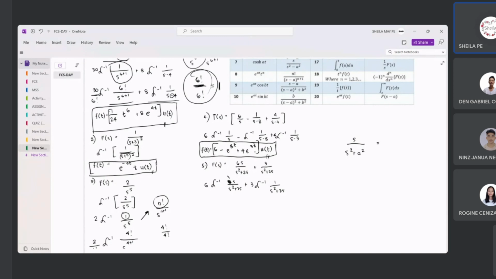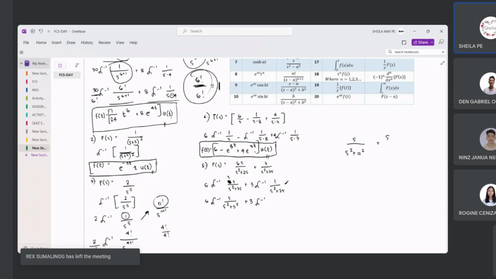So we have s over s squared plus 5 squared, plus 3 times the inverse Laplace of. For this one class, we have a constant here. Constant siya, dili siya variable.